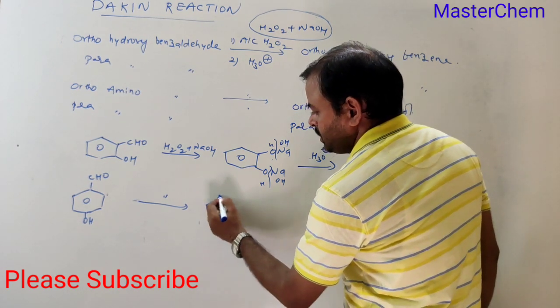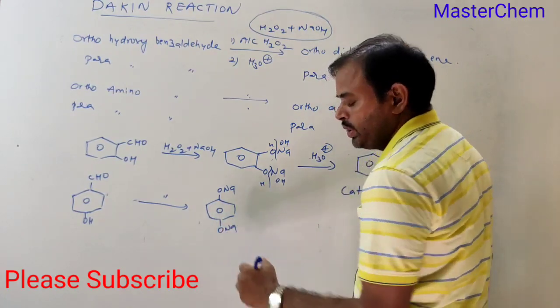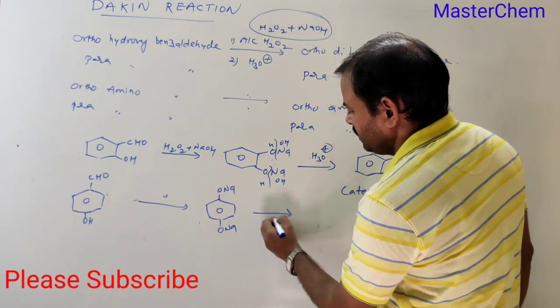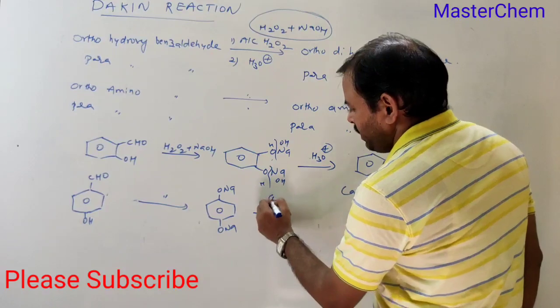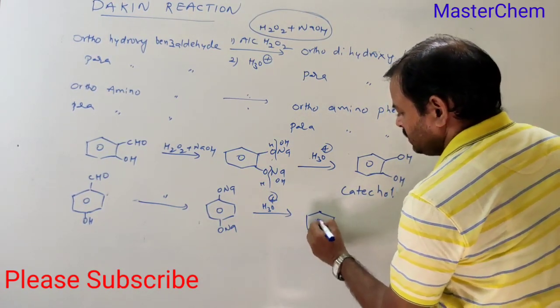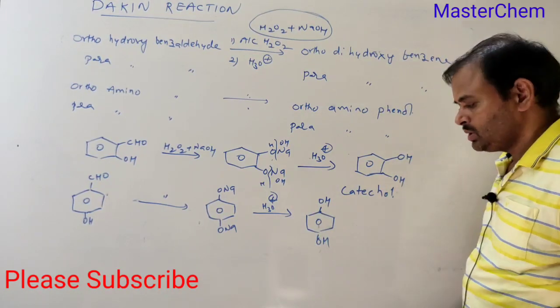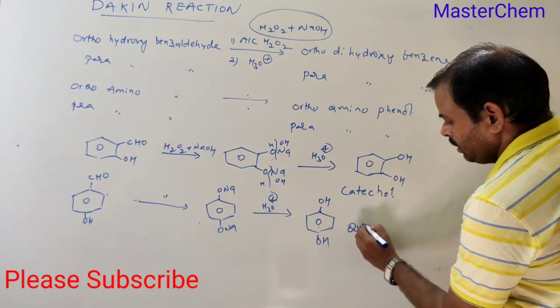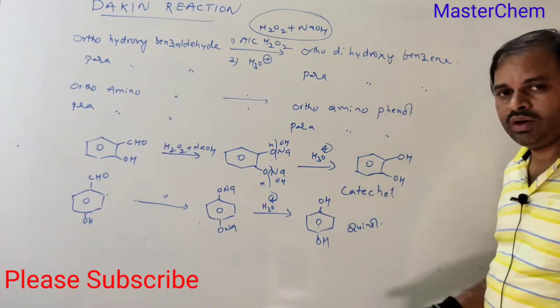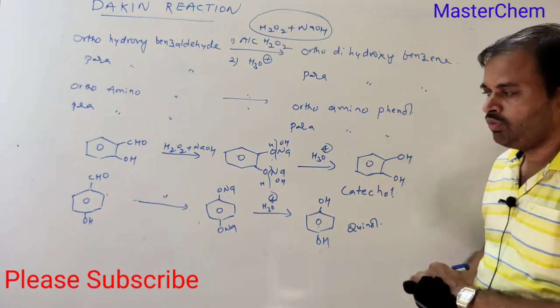The same CHO and OH both convert into ONa, and the resultant hydrolysis gives the same kind of product, but the para product. This para product is called quinol. So para-dihydroxybenzene, or quinol.